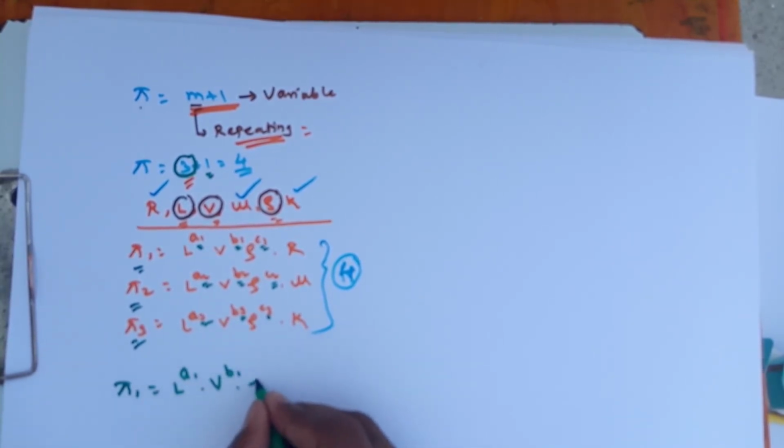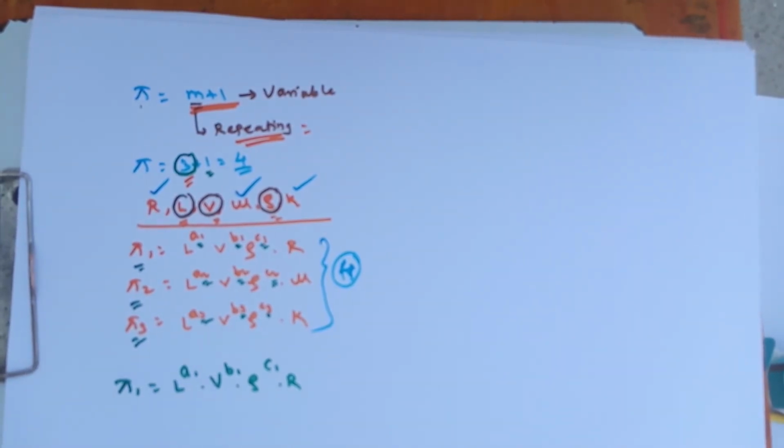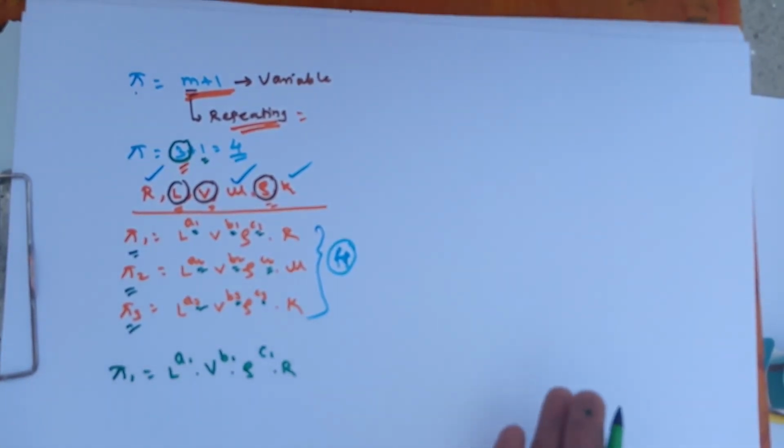That means if I consider the first pi term, pi 1 is equal to l raised to a1, v raised to b1, rho raised to c1, into r. So to obtain the values of a1, b1, c1, I have to follow the dimensional homogeneity. That means I have to put the fundamental dimensions of each term, and after putting them, I have to equate the powers of each and every fundamental dimension.